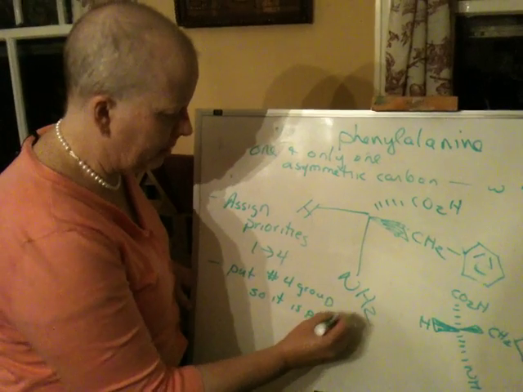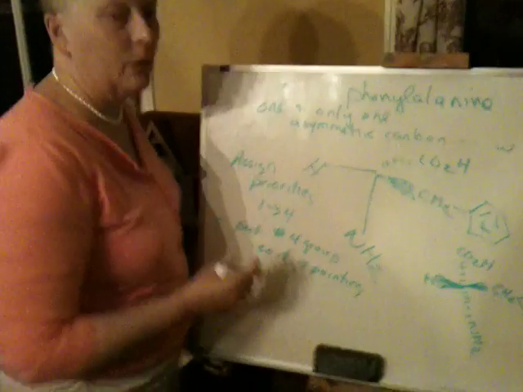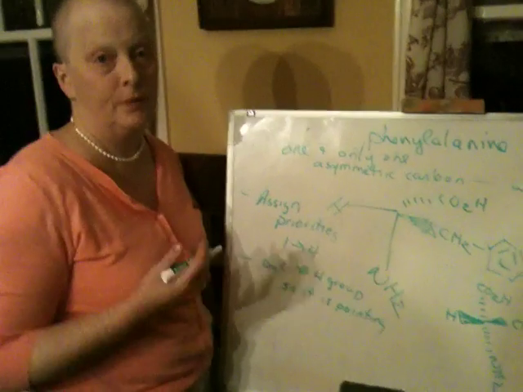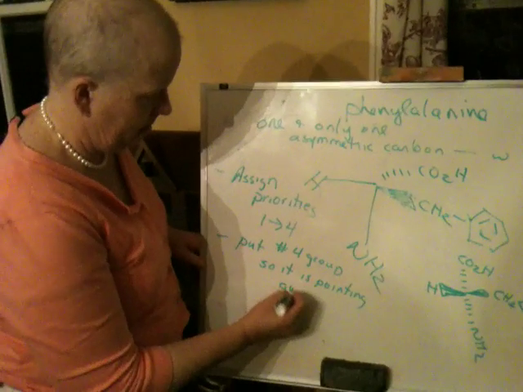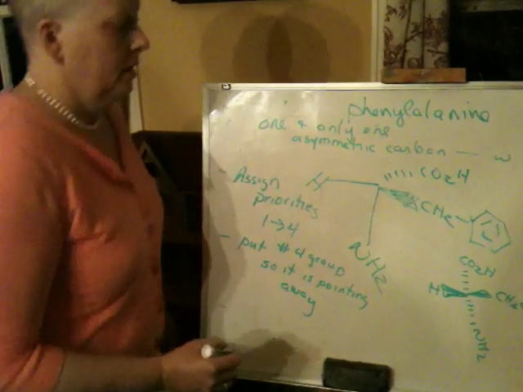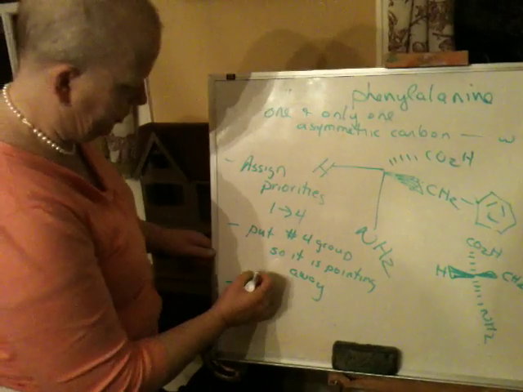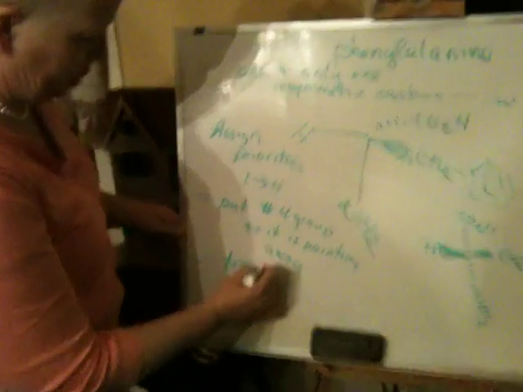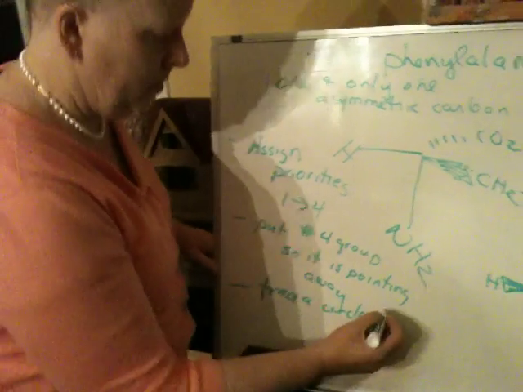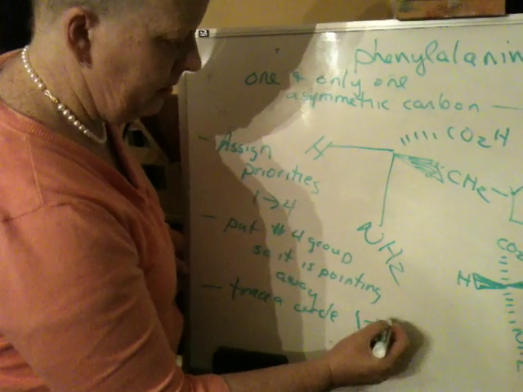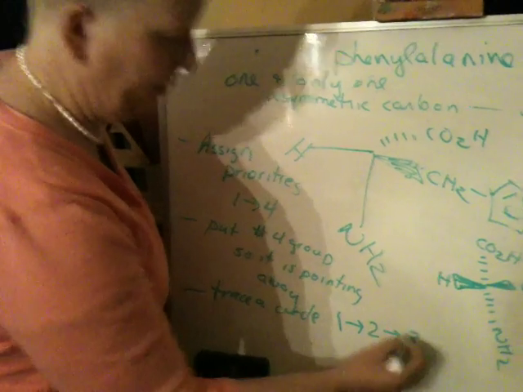Now the way the textbook presents this, it really involves molecular manipulation. You have to manipulate the molecules. And then third, what you do is you trace a circle from 1 to 2 to 3.